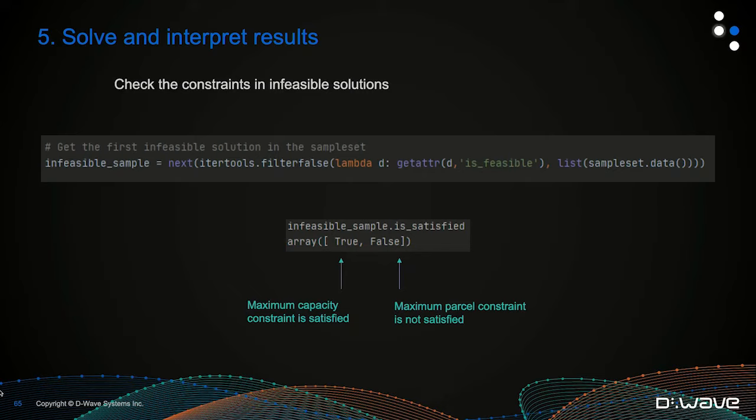And then by using is satisfied, as is shown below, you can actually see the satisfaction status of each constraint. So in the example that we're looking at and the sample set that was shown above, for the lowest energy solution, the maximum capacity constraint was satisfied, but the maximum parcel constraint was not. So that's why that solution was reported as infeasible.